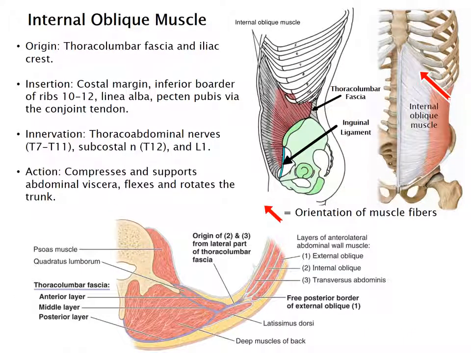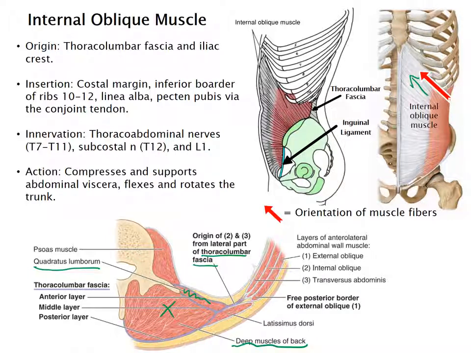The muscle fibers of the internal oblique are oriented more or less perpendicular to those of the external oblique. Posteriorly, the tendon of the internal oblique muscle is an extension of the thoracolumbar fascia, which is derived from the investing layer of fascia surrounding both the quadratus lumborum muscle and surrounding the erector spinae muscles, indicated here as the deep back muscles.